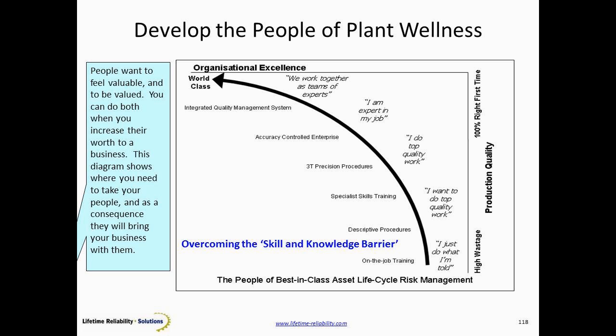So I know what that machine requires, understand the ISO count, understand about fits and tolerances, understand about alignment. I can do a great alignment. I'm professional at what I do when it comes to maintenance and when it comes to operation of my machinery as well. To the point that we become a team of experts. We're all working together across the business as experts in our area, and we're looking at this as a team.